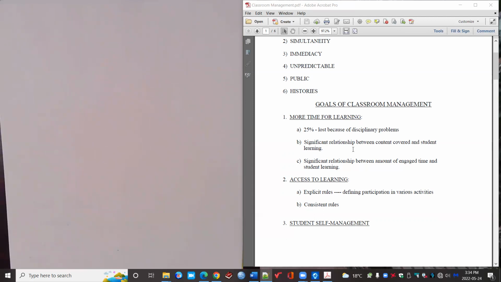And then research has found a significant relationship between content covered and student learning. Right? So that is kind of predicted. And student learning is highly correlated with the amount of engaged time, that is to say, time spent actively attending to specific learning tasks.